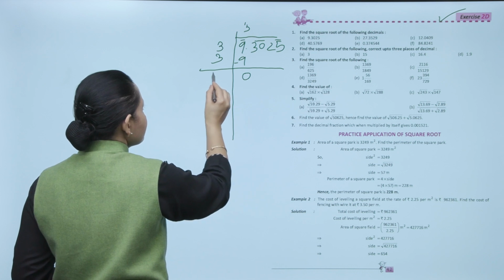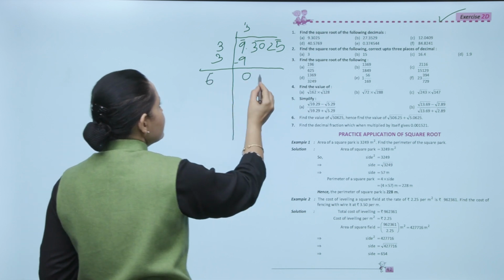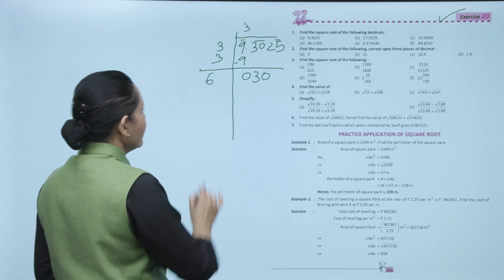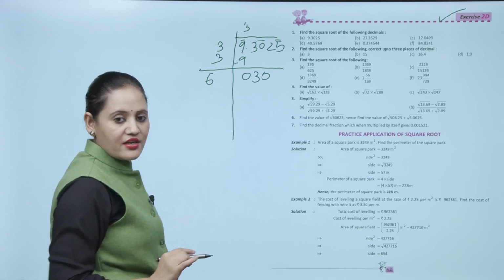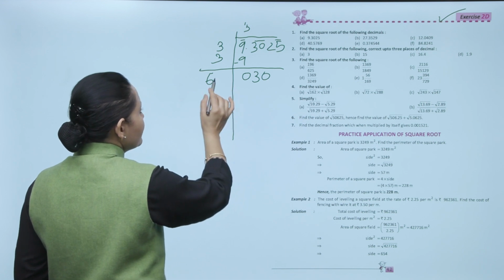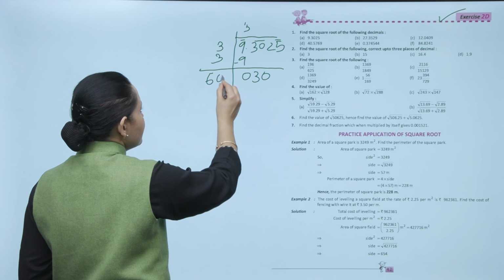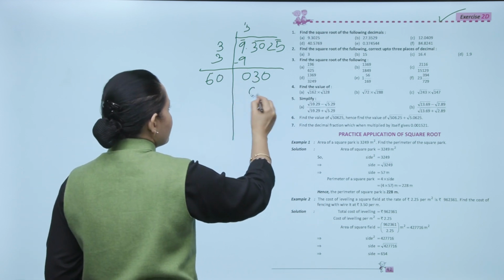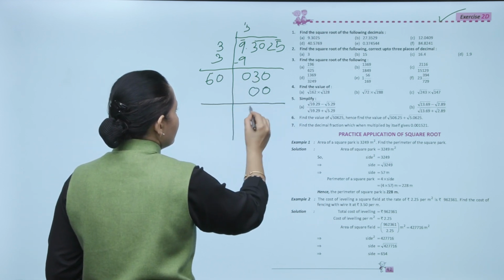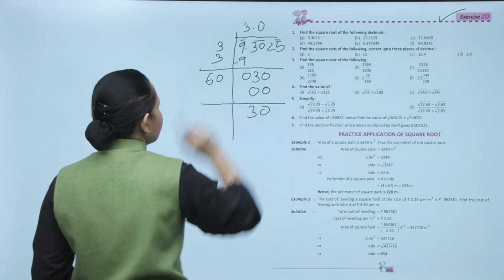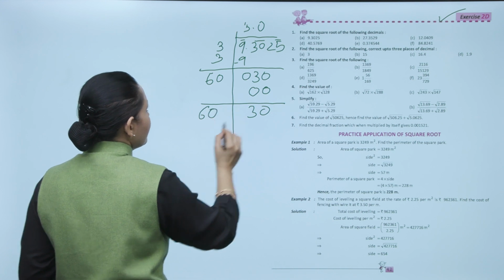3 plus 3, 6. Now the next pair, that is 30. If we note down 1 here, it becomes 61. 61 multiplied by 1 is 61, which is more than 30. So we'll write 0 here. It becomes 0 0 30, and since there is a decimal, we put the decimal here, then 0 60.